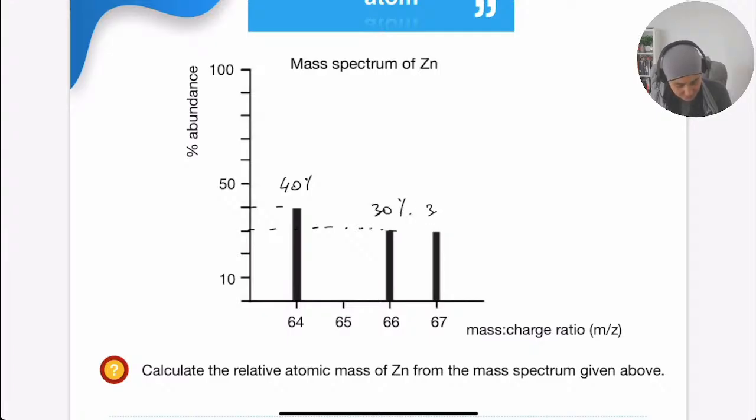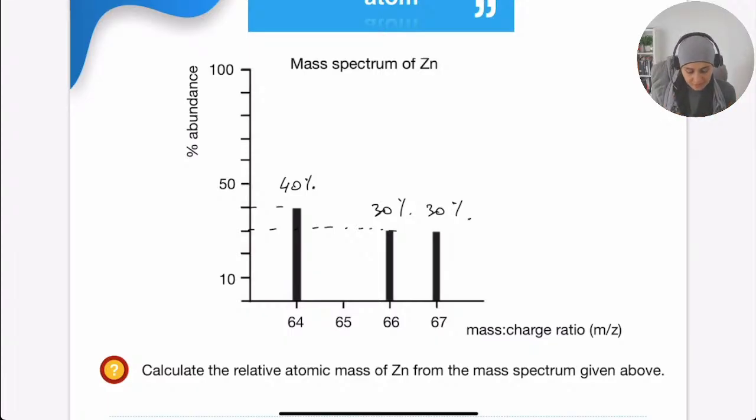And we have an isotope of 67 with abundance of 30%. The sum is 40 plus 30 plus 30, it is 100, but it doesn't have to be 100, okay? So if they give you relative abundance, it could be any number. They could set this as 1, for example, or they could set this as 100%, something like that. So don't assume that the sum of the abundances would be 100, not necessarily.